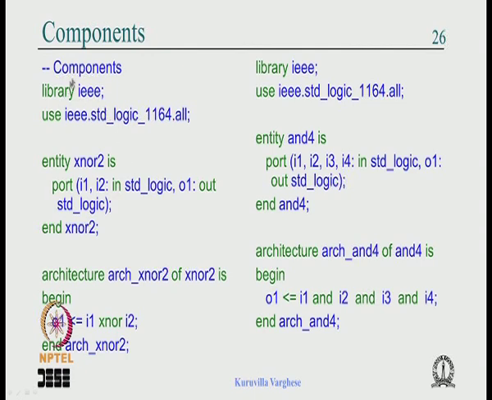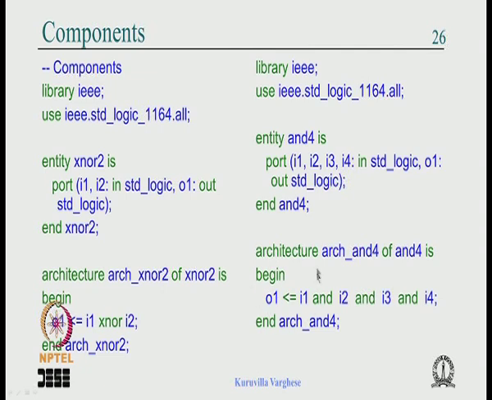So we have the component XNOR2, library clause, entity with ports I1, I2 and O1, and in the architecture we have a very simple statement, O1 gets I1 XNOR I2, and that is the end of the architecture. Similarly you have an AND gate which is 4 input, I1 I2 I3 I4 in standard logic, O1 is out standard logic.